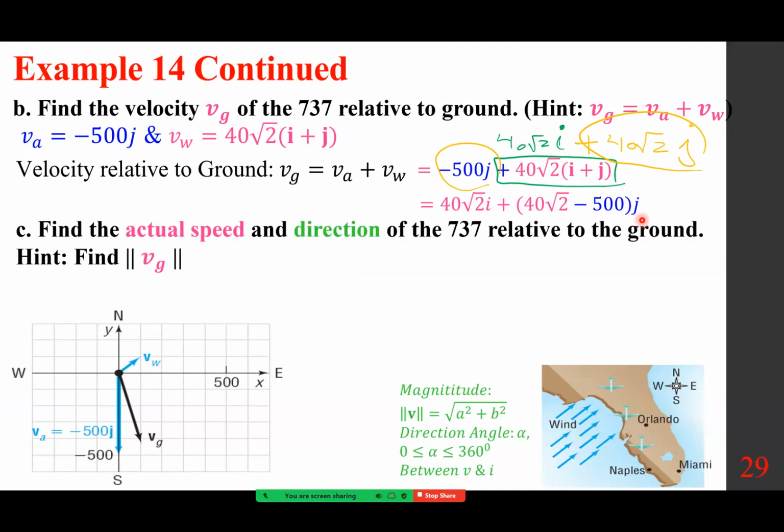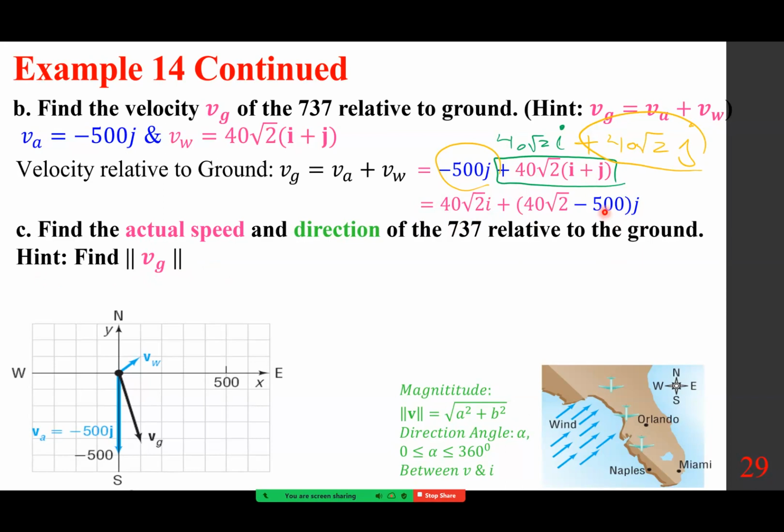Find the actual speed and direction of the 737 relative to the ground. In other words, we're going to find the magnitude of this as well as the angle. First, the magnitude is the square root of a squared plus b squared. In other words, square these numbers and add them up.